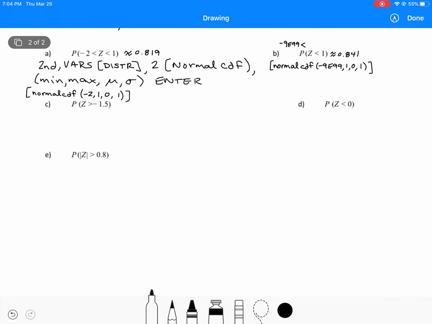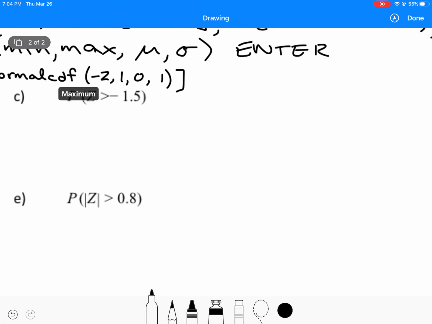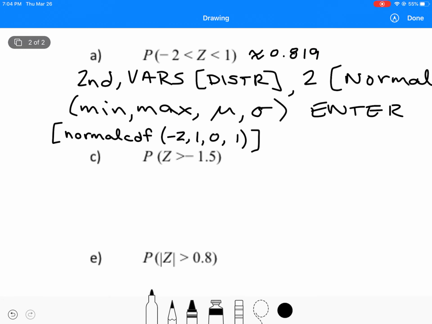Let's look at another example here. Now we've got a difference again where you've got z is greater than minus 1.5. So now we don't have a right-hand value of our interval. So we're going to do the same thing. Our right-hand limit is just going to be a really big positive number. Again, we're going to use our graphing calculator.